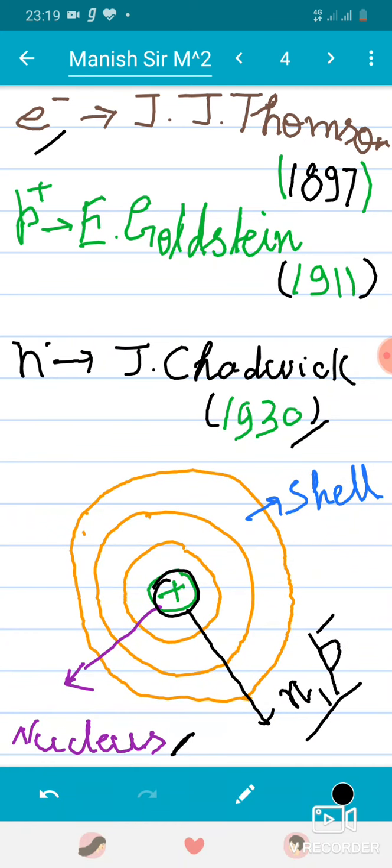The proton has positive charge, and the neutron has neutral charge, and there is the same number of electrons. The electrons are present in the shells, and when the atom is in a neutral condition, the number of protons is equal to the number of electrons.